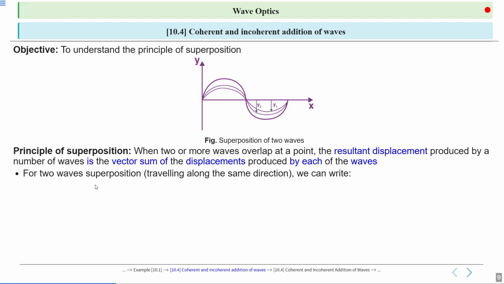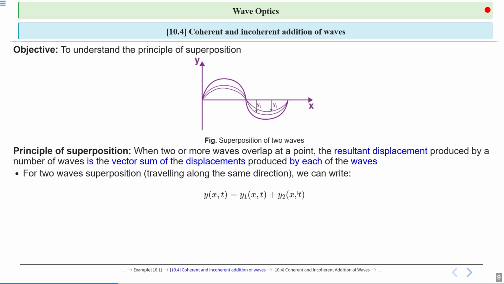For superposition of two waves traveling along the same direction, we can write, though they can also travel in the opposite direction. Why have we not taken vectors? Because for simplicity we have taken displacement along the y direction. Waves are moving in the same direction and displacements are also in the same direction, so displacements due to each wave can simply be added.